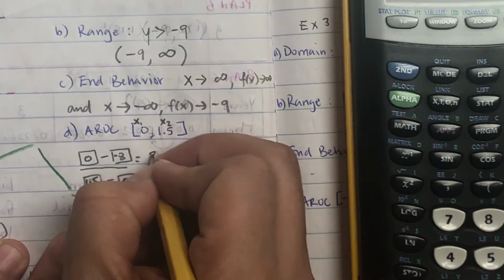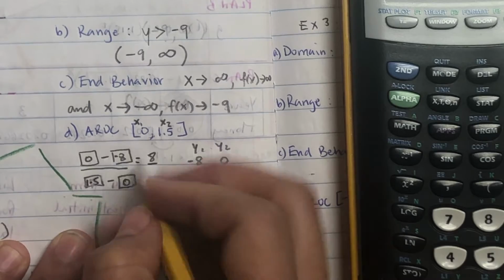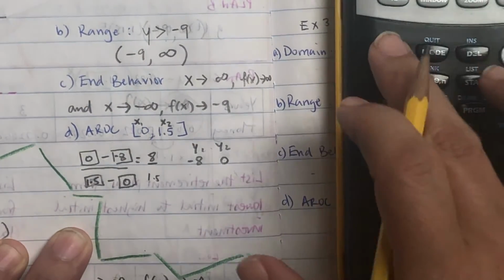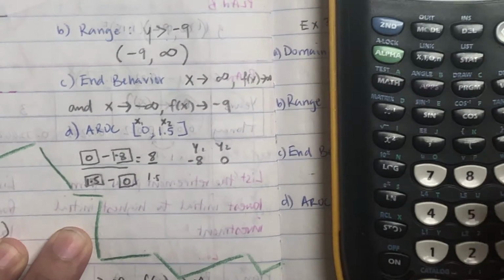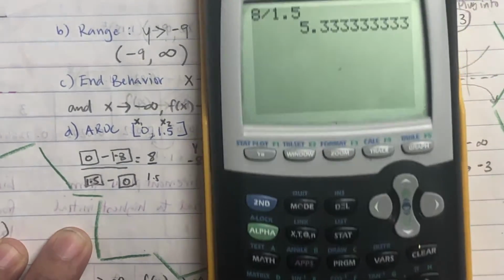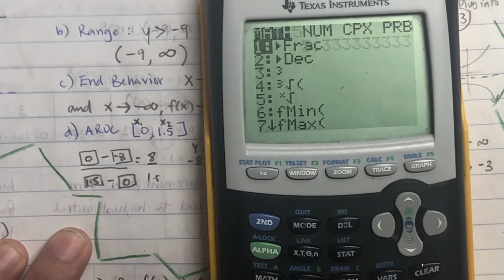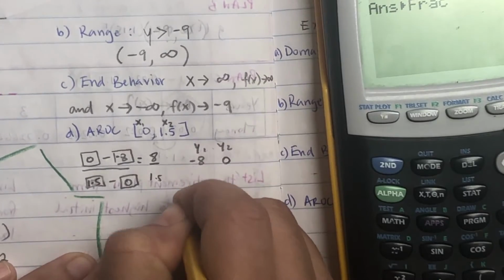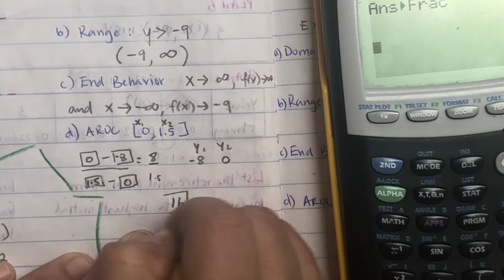I'm doing it by hand. 1.5 minus 0 is 1.5. Then in the calculator, second quit, 8 divided by 1.5. Then math, enter, and it gives you a fraction, 16 over 3. This is a listening check: color in 16 over 3.